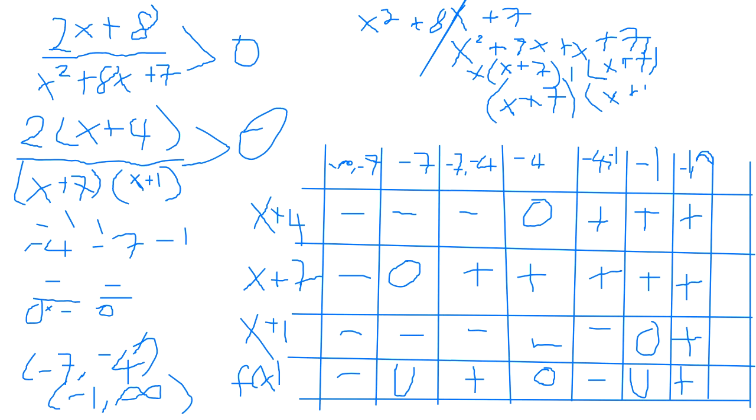Sir, when we have greater than or equal to, do we use the square brackets or the open brackets? No, you simply check. For example, if the question that I asked you was equal to like this, the question now says where is this function either greater than 0 or equal to 0.